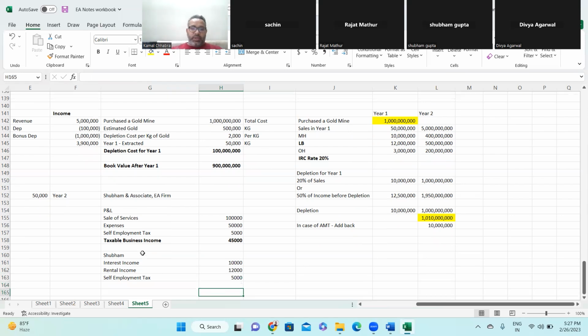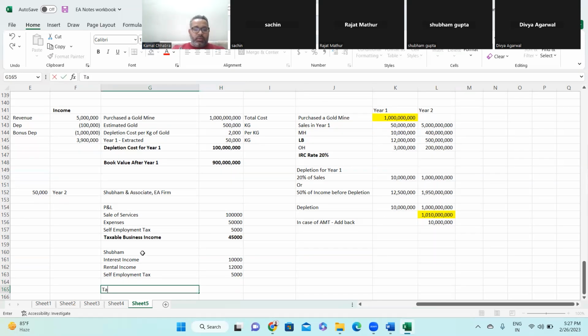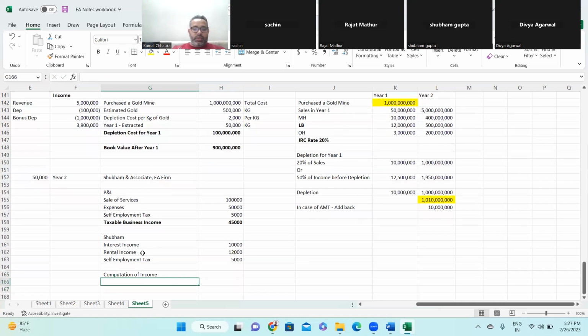So in this scenario, you will consider the sources of income. First you will consider business income. How much is the business income? $45,000, right?